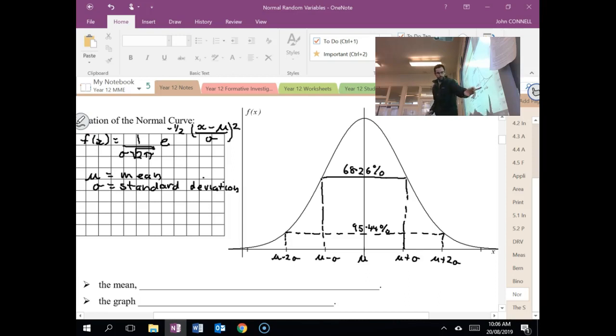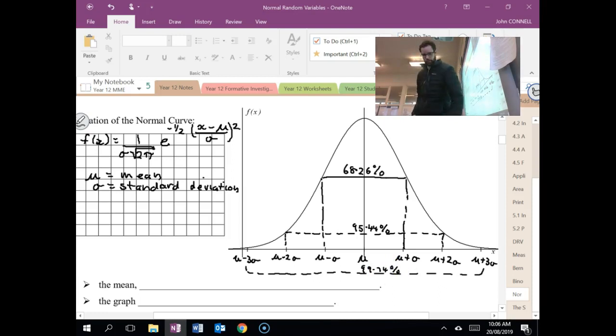And then finally, if you were going to go all the way out to mu take 3 sigma and mu plus 3 sigma, you would find between those two vertical lines, we then get 99.74%. So what does that mean? Well, remember there are two ways to interpret this.